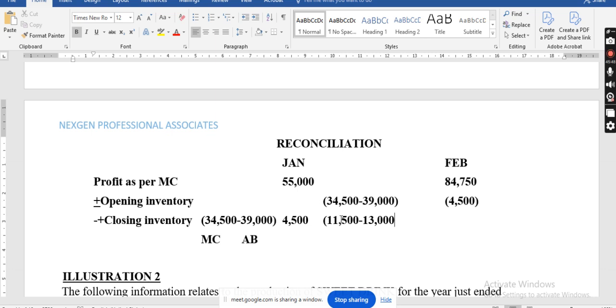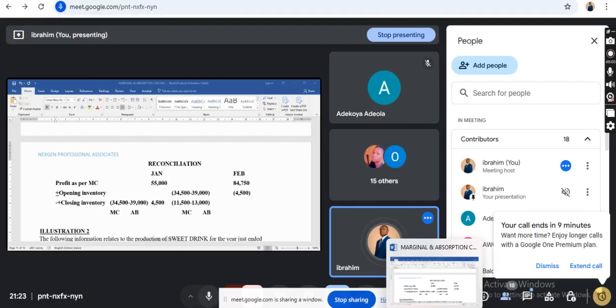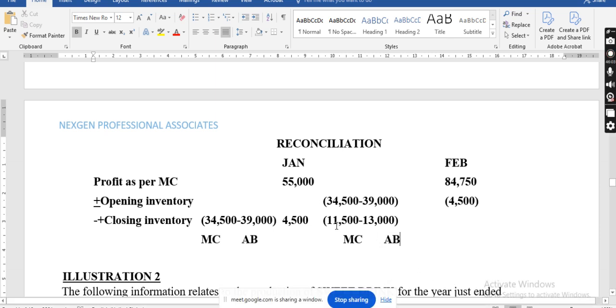Now we still go by the law again. It's still the same law. The first one is MC because you are starting with marginal costing. This is AB. Now, if the closing inventory of marginal costing is greater, you subtract the difference. But if it is lesser, you add the difference.